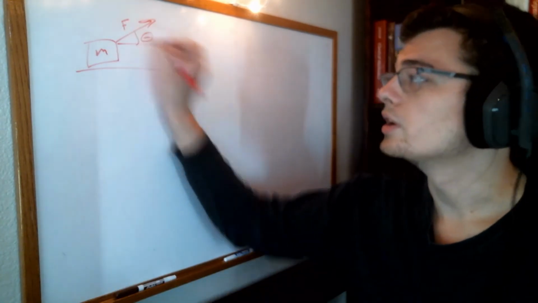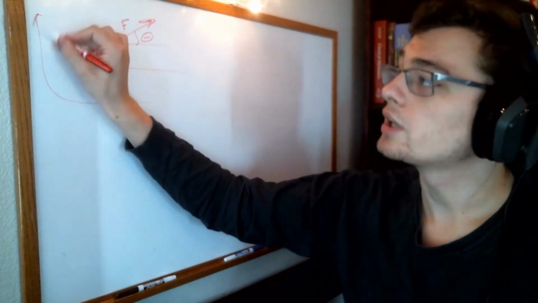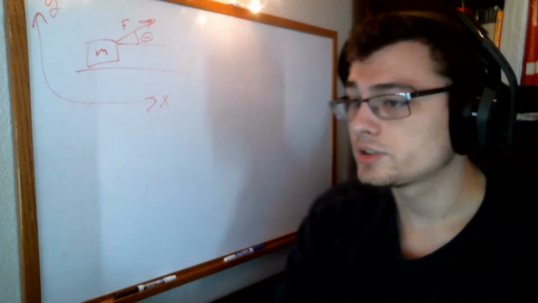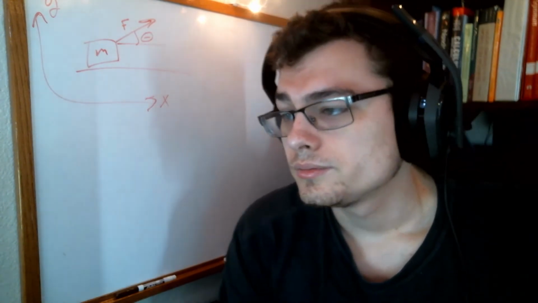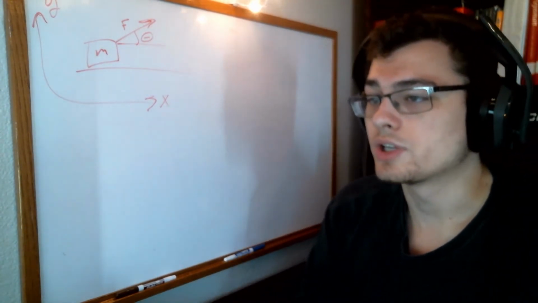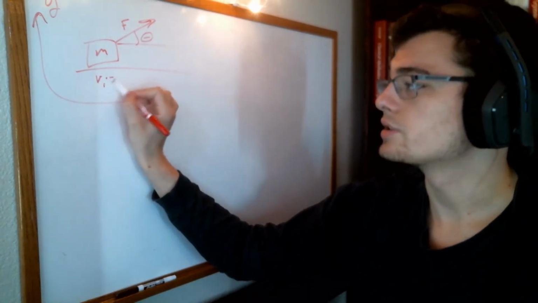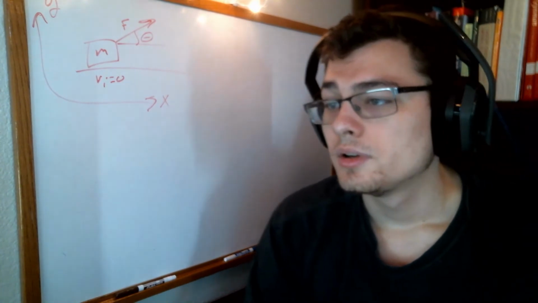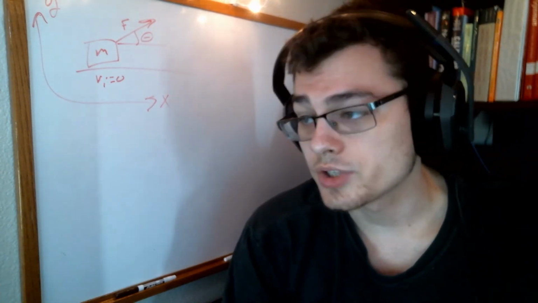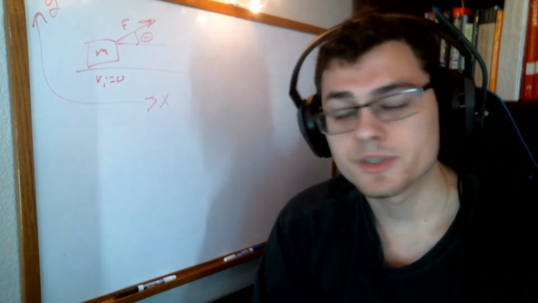This is going to be F, and we can define our coordinate axes as Y and X. All this question is really asking is to define an expression, so it's breaking it down into its steps.